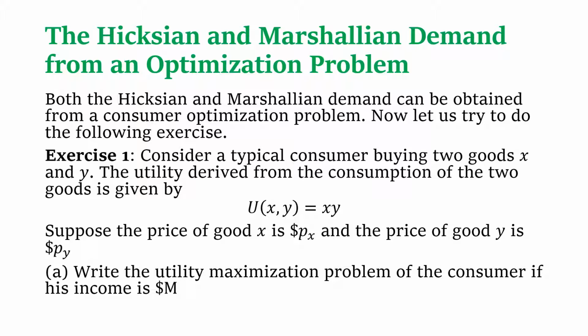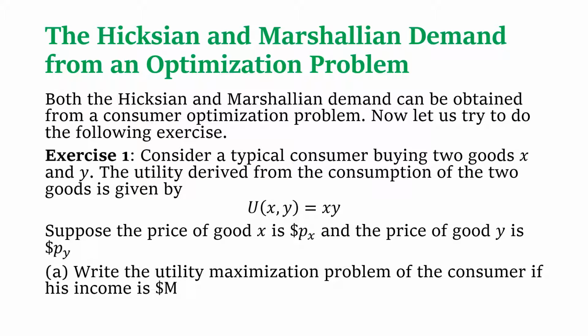So when you have a situation like that, and somebody asks you to write the utility maximization problem of the consumer if his income is $M, what we need to do is have three elements. For all optimization problems, there are three basic elements.